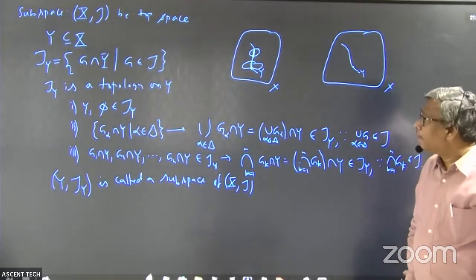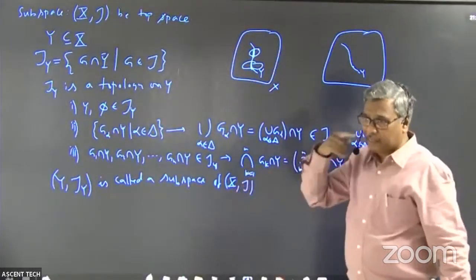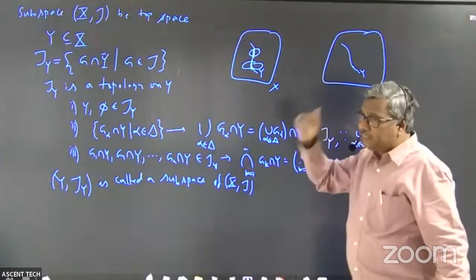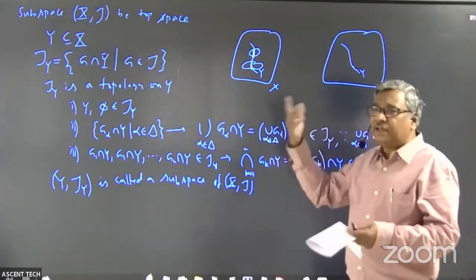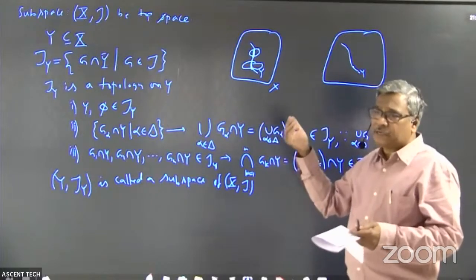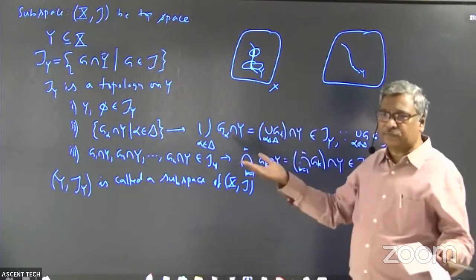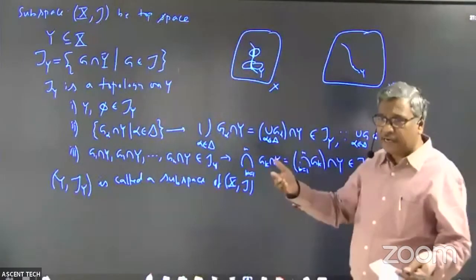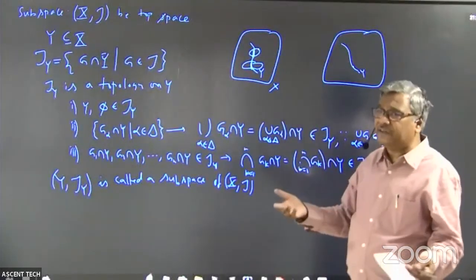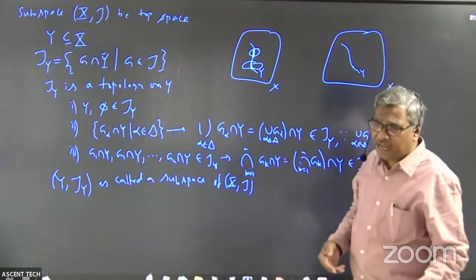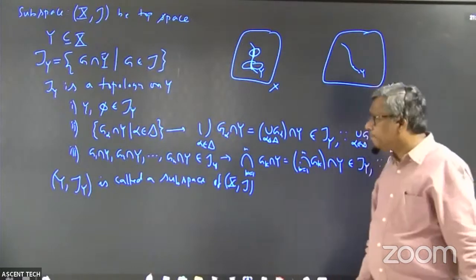Every topology on X is going to create a topology on Y, so the topology on Y is inheriting the topology of X. The behavior of the topology of X is going to somehow influence the topology on Y. I can have many topologies on X, as we have seen, and certain topologies on X, when restricted to Y, might even degenerate to a discrete topology or indiscrete topology. It can be anything.